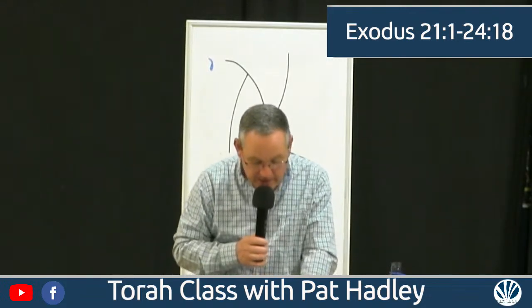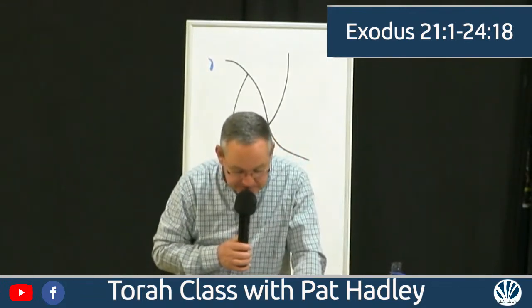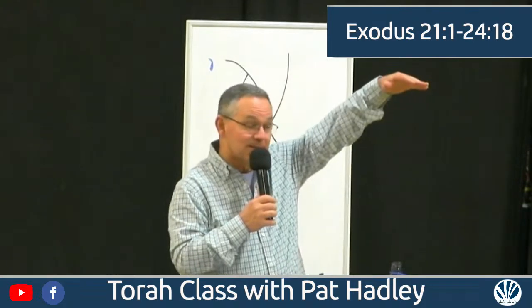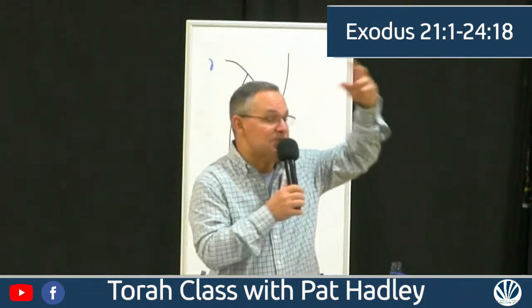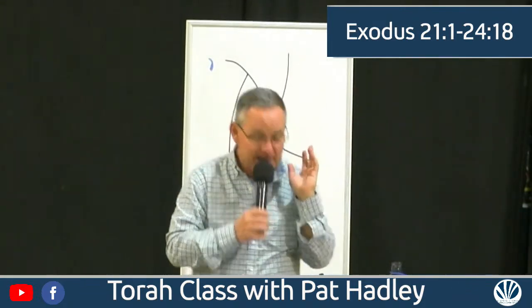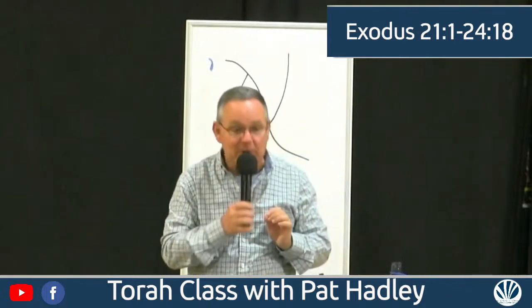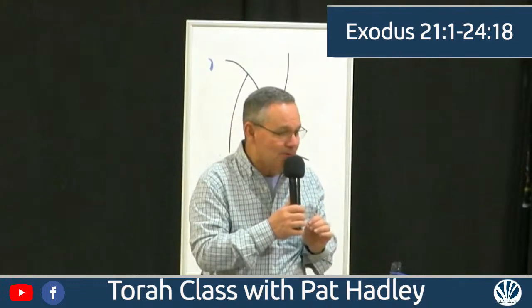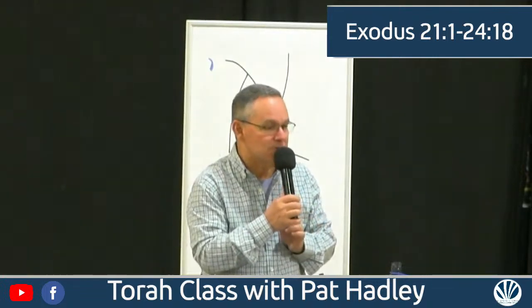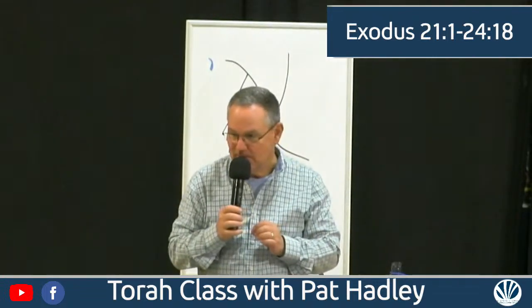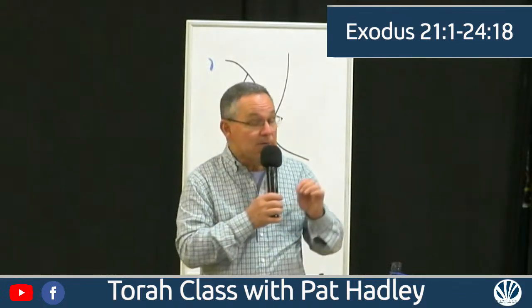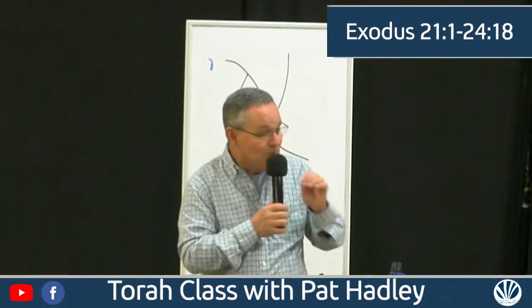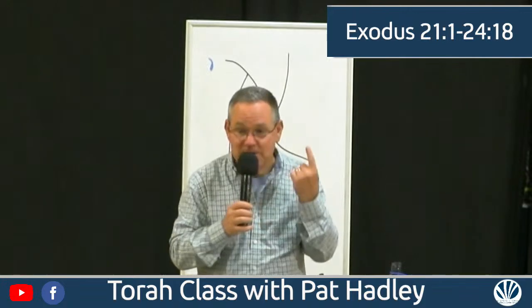Now, the idea that there's a limit on the compensation is like this. If your neighbor breaks your window, you do not have the right to burn his house to the ground. Okay? If your neighbor breaks your window, he owes you a window.